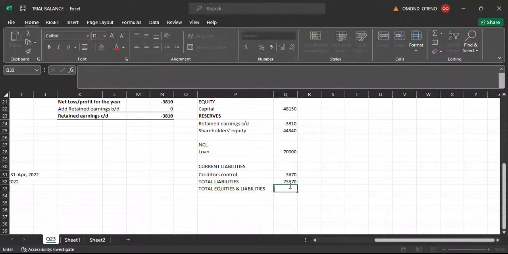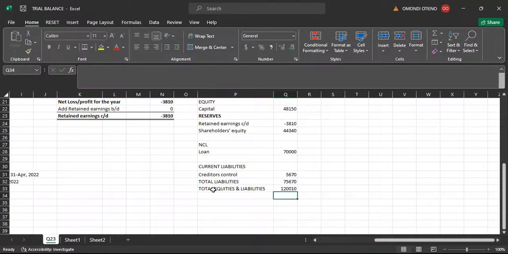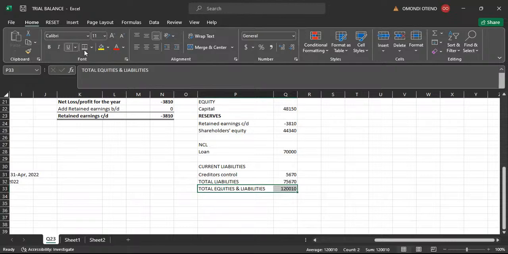Total equities and liabilities should be the summation of total liabilities and shareholders' equity. If I add that, I should be able to get total equities and liabilities, which becomes the balancing figure under this section.